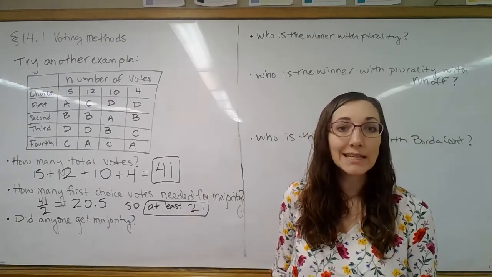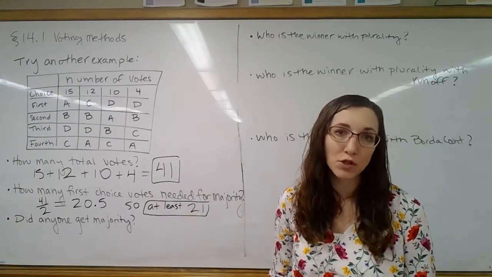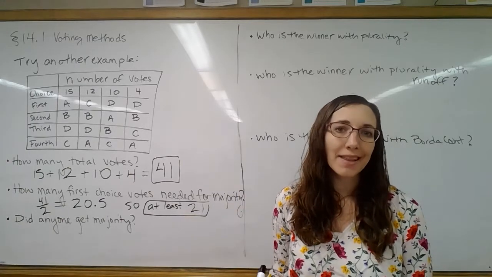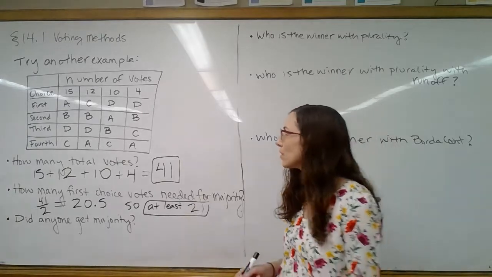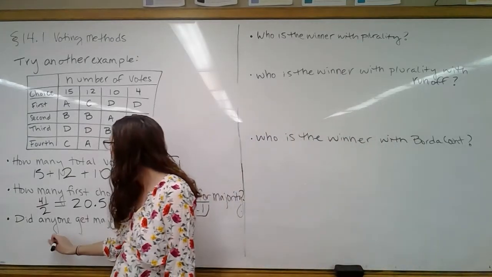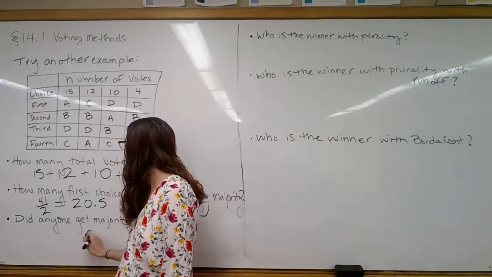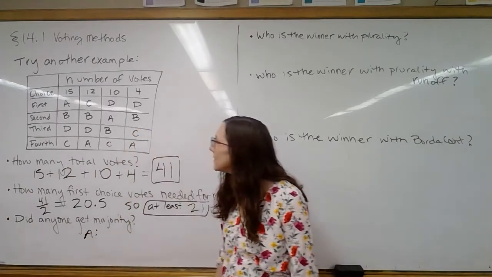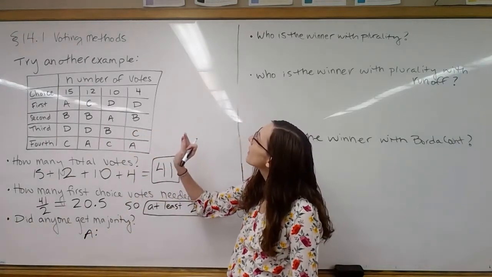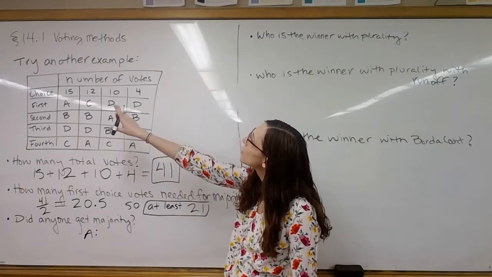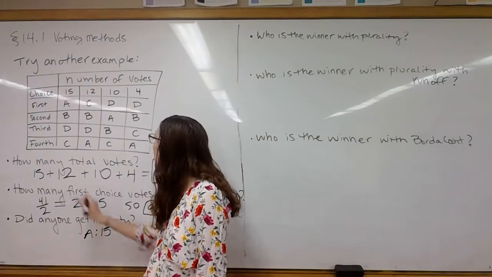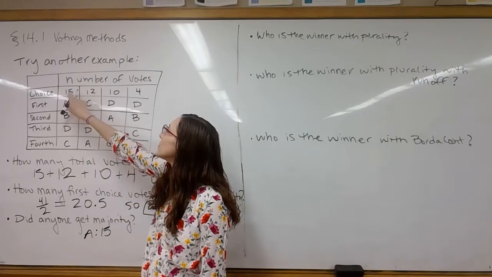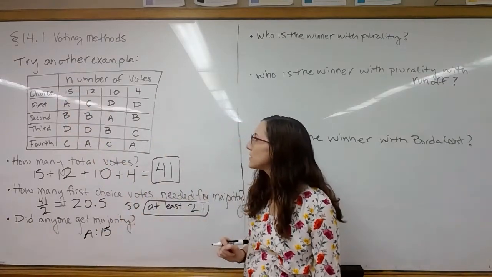Now let's ask, did any candidate get majority? What we mean by that is majority of first choice votes. So let's add up first choice votes. A is a candidate, so look at all the places where A is first choice. A is first choice on the first column, which gives them 15. Remember, it's not just how many columns, it's also the number that that column represents.